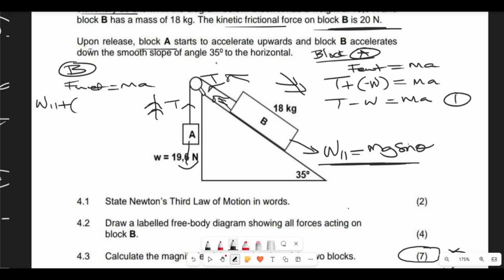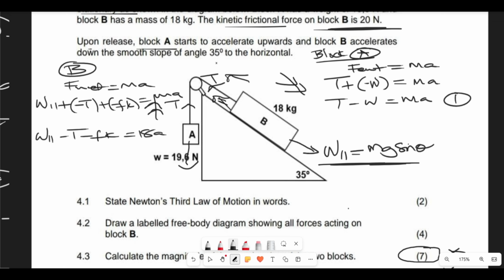Tension and friction are going up, so they have to be negative, and then you say minus T, and you say plus negative kinetic friction, which is F subscript k, and then ma. That's why you end up having weight parallel minus T minus Fk is equal to 18a.